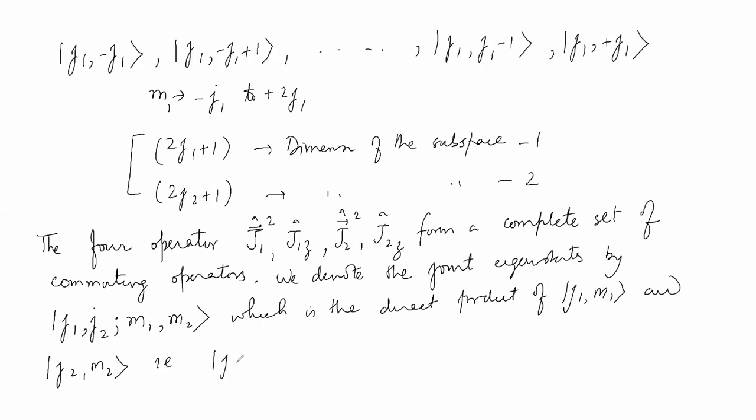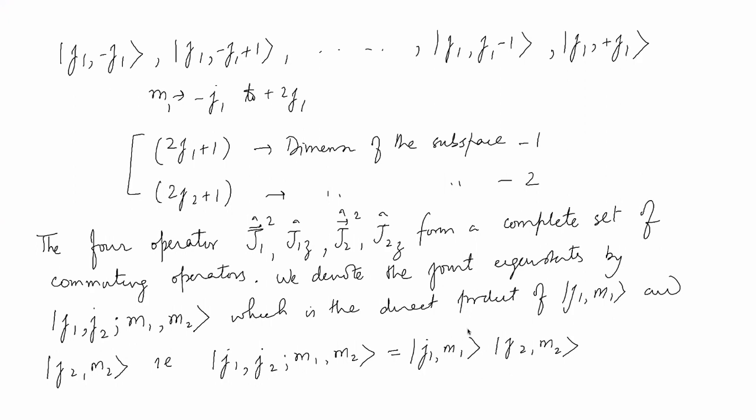That is, |J1, J2, M1, M2⟩ is equal to |J1, M1⟩|J2, M2⟩. Why can we write like this? Because the coordinates of J1 and J2 are independent.